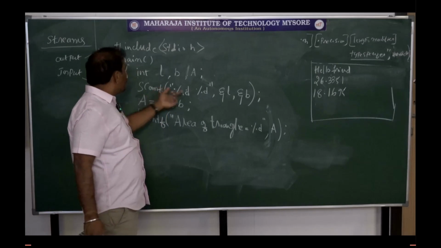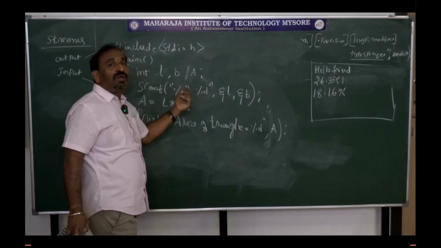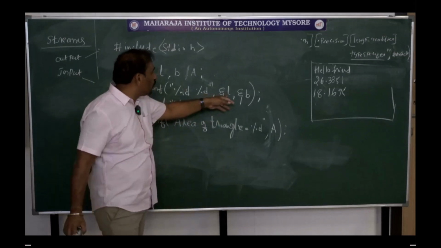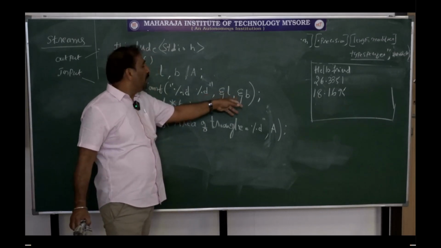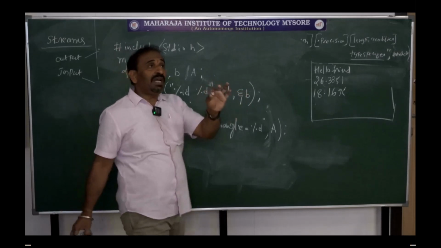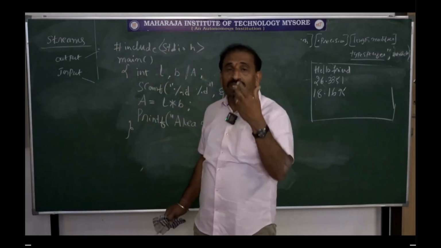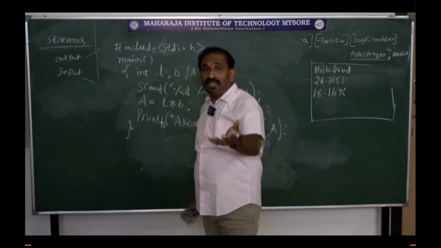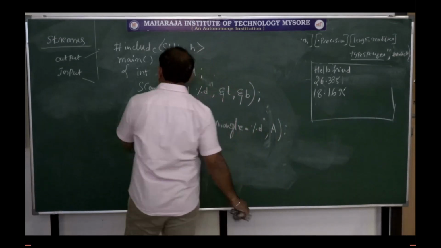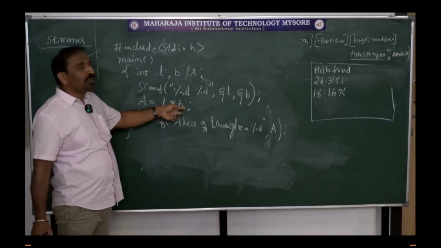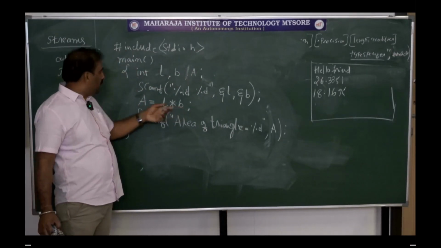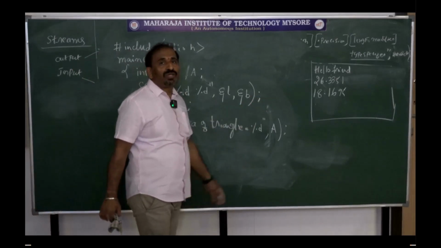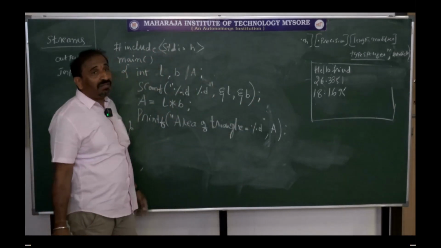So, scanf basically does scanning of two numbers typed from keyboard, stores it into address of L, address of B. Now, B and L hold the data typed on the keyboard, and you do the computation. A is equal to L into B. Next, print that area equals so and so. So, this prints the area.